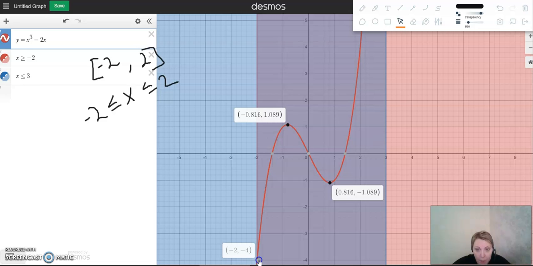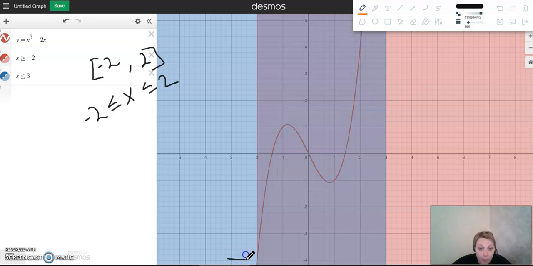Okay? So that would be our lowest point on this interval. So this point is your min, and of course, it's f of x equals negative 4. Remember, y values.